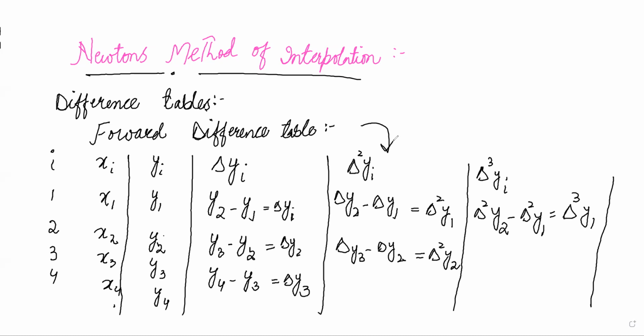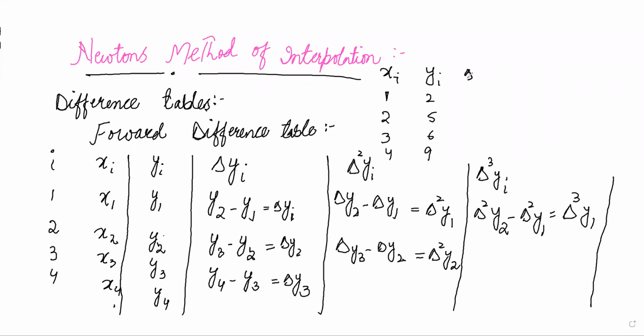For example, if I have xi equal to 1, 2, 3, and 4, and corresponding to these the values of yi are, for example, 2, 5, 6, 9.